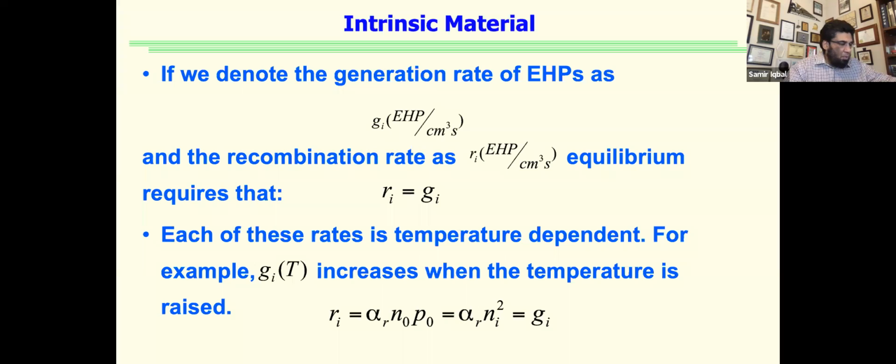It's a constant of proportionality, which just tells us how fast that reaction is occurring for them to recombine. It's alpha sub R.